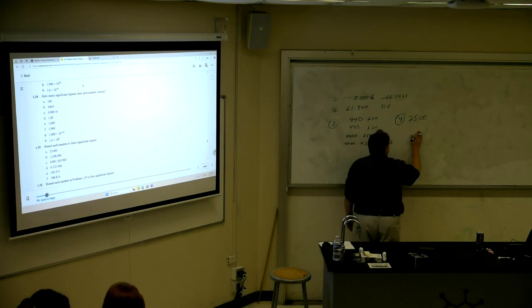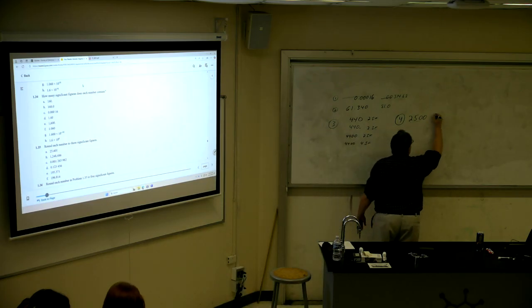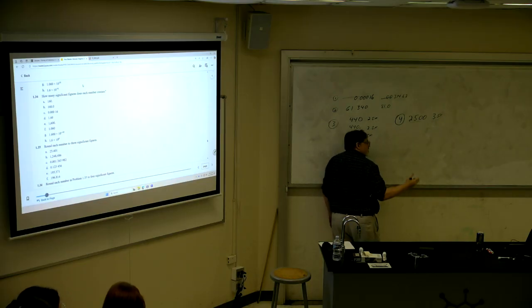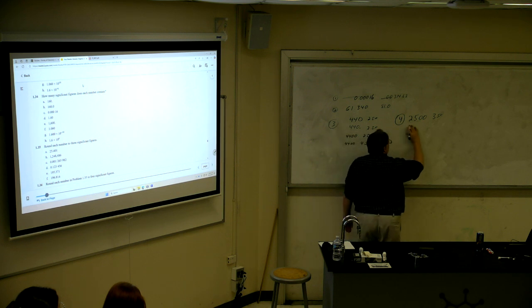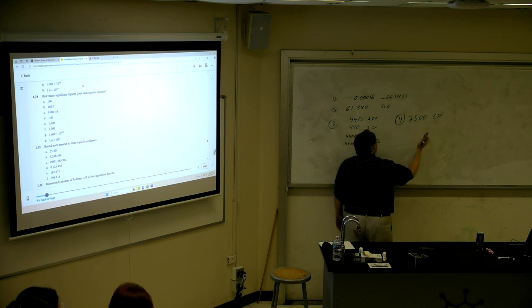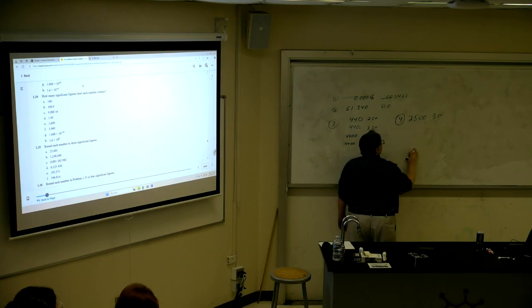If I don't put a decimal there, it says 2. Let's say it needs to be 3 significant figures, because I did the calculation and I know what I'm trying to write down. But I can't represent 3 significant figures like that. That shows 2. If I did that, that shows 4. So the only way to do that is scientific notation. You run into that sometimes.